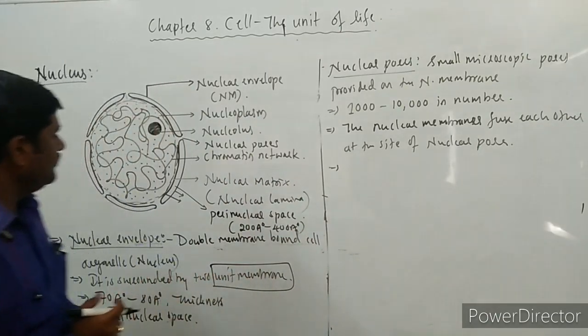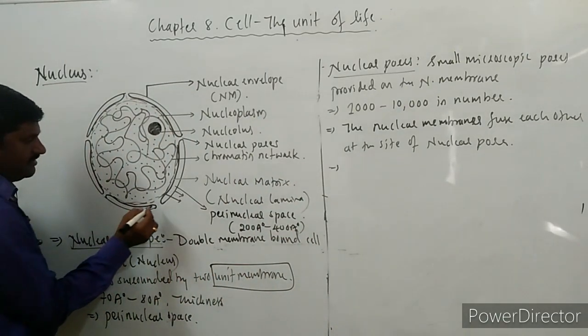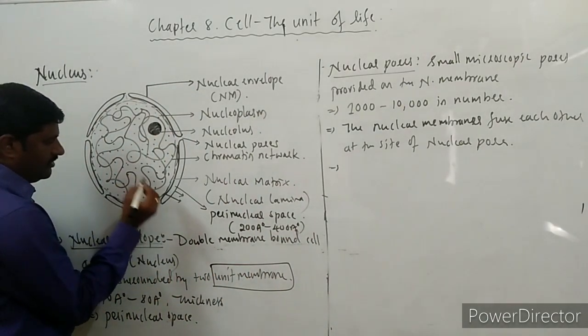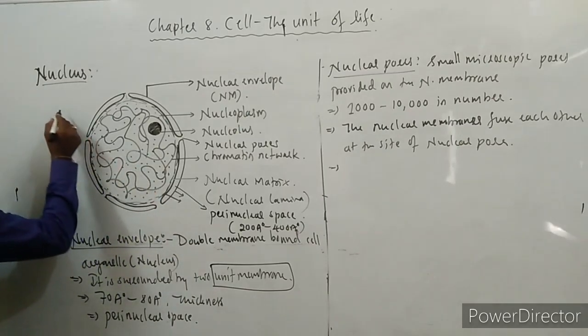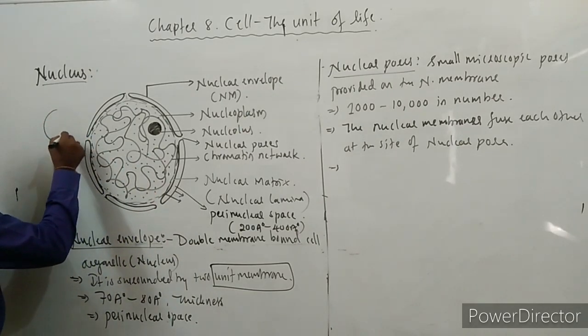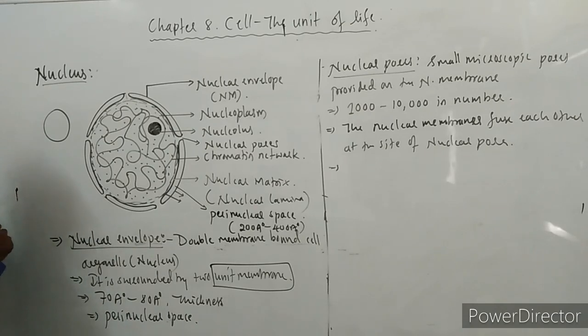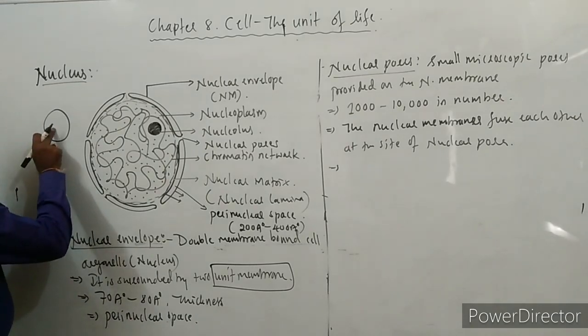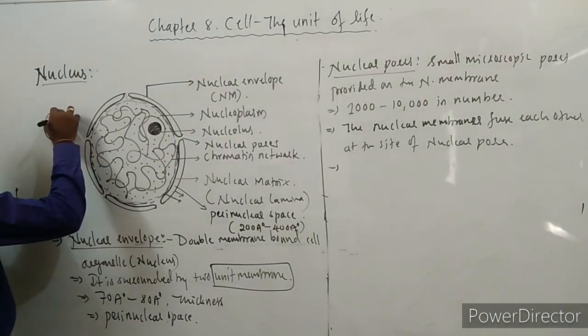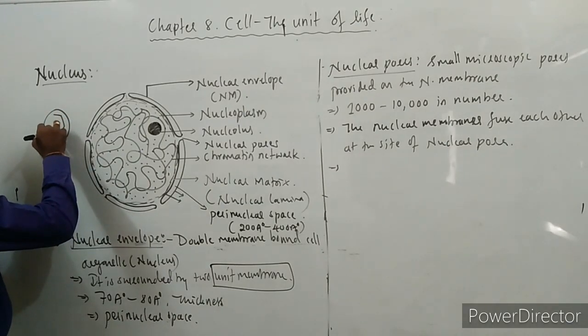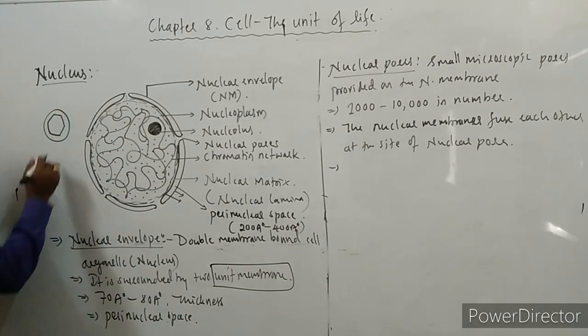And one more thing you are observing here. So whenever you observe this nuclear pore, it is just like this, right? And this nuclear pore is provided with an octagonal structure.